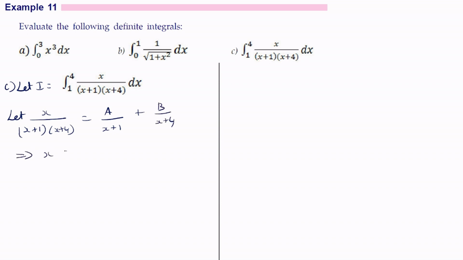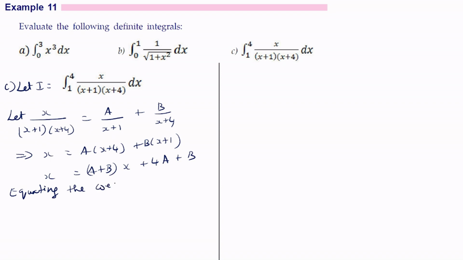So from this we get x is equal to a into x plus 4 plus b into x plus 1, or this is a plus b into x plus 4a plus b. Now we can equate the coefficient of x and constant term on both sides.